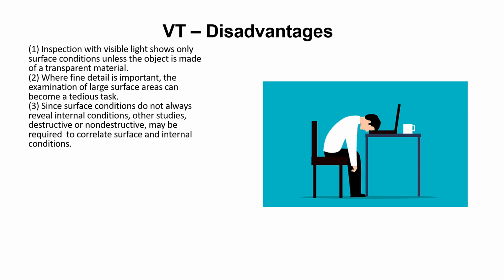Surface conditions do not always reveal internal conditions. Sometimes we'll do visual, and then we'll hit it with ultrasonic or radiographic testing to check and see if there are internal discontinuities, flaws, defects that we need to review and address.